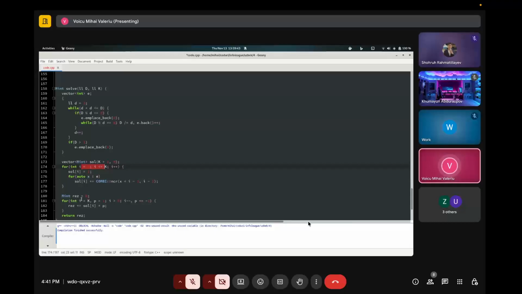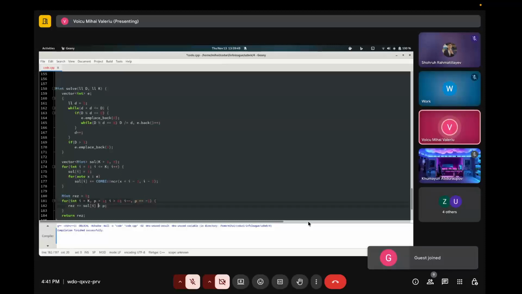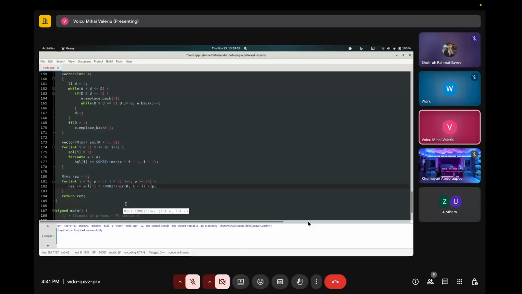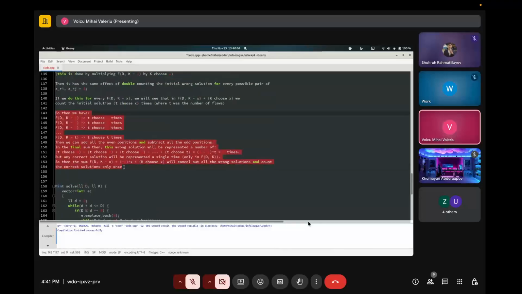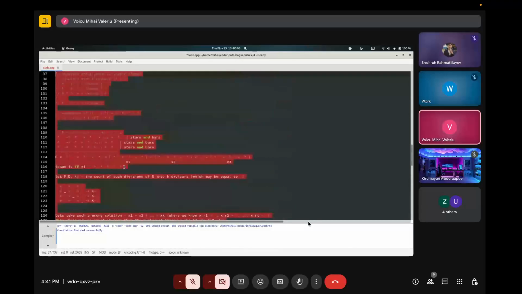And then we add and subtract, something is missing, all the wrong solutions. And by the end, we should have a correct solution. Is that clear?